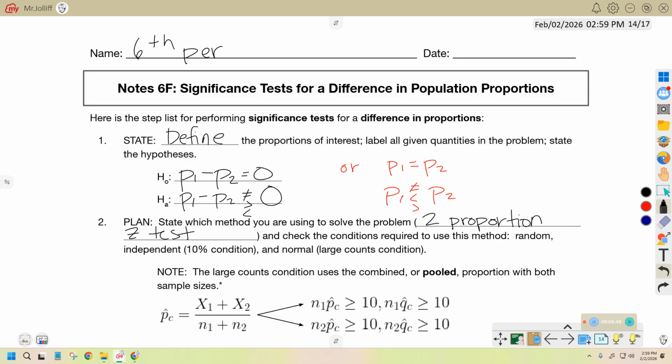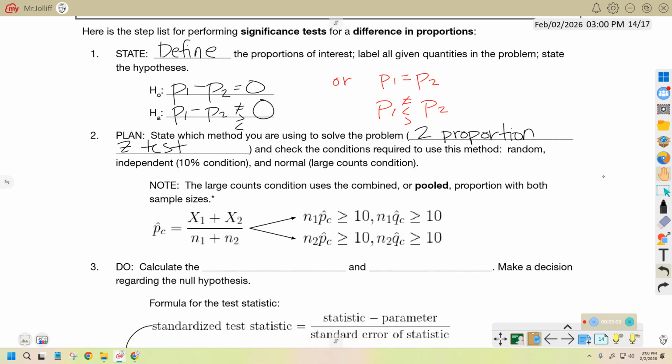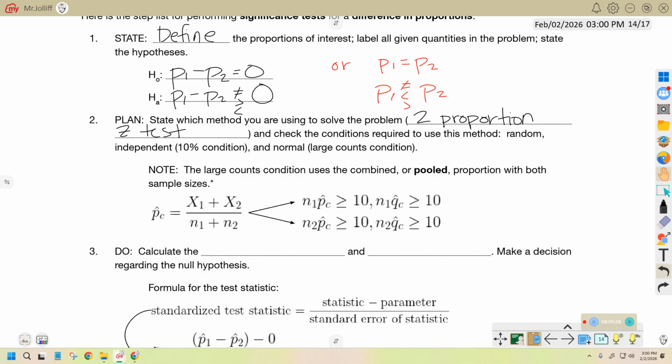Some textbooks will have you do n times p hat and n times q hat, where the p hat and q hat come from sample 1 and sample 2. Sometimes what you see statisticians do is to use something called a pooled proportion instead to perform these checks. We're basically taking those two samples and operating on the assumption that the null is true, squishing them into one group.